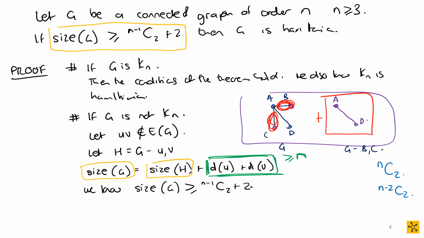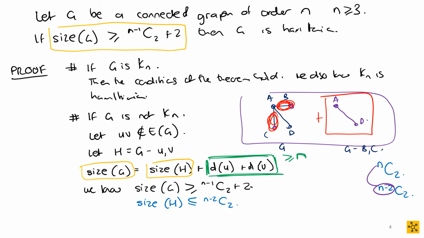So we now know that the size of H has to be smaller than or equal to n minus 2 C2. That's just coming from the fact that the size of a complete simple graph is nC2. We remove 2 vertices from the original graph, which is of order n, so we have n replaced with n minus 2, so we know that it is going to be smaller than that. That's what we know for definite.